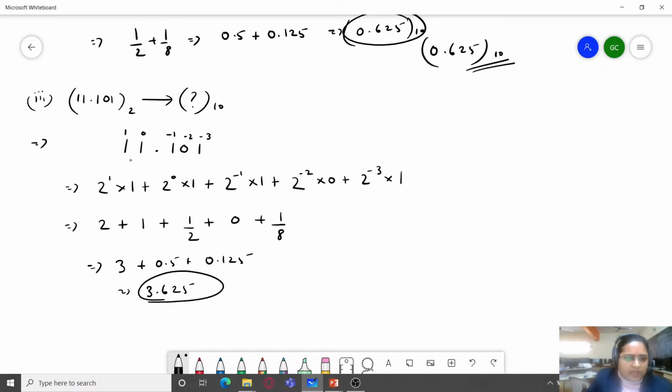So we get this value, that is 3.625, which is the decimal equivalent of 11.101.